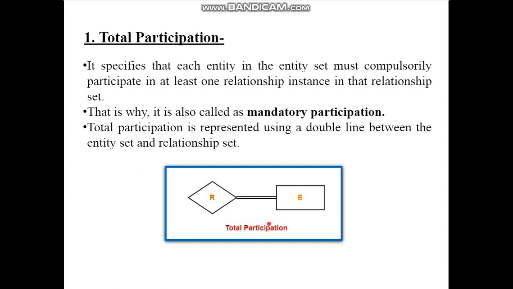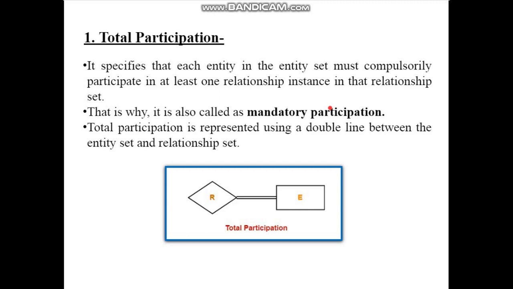It specifies that each entity in the entity set must compulsorily participate in at least one relationship instance in that relationship set. That is why it is also called as mandatory participation. Total participation is represented using a double line between the entity set and the relationship set.